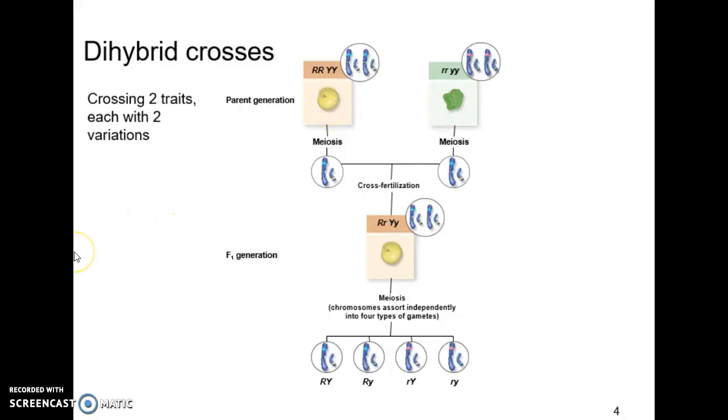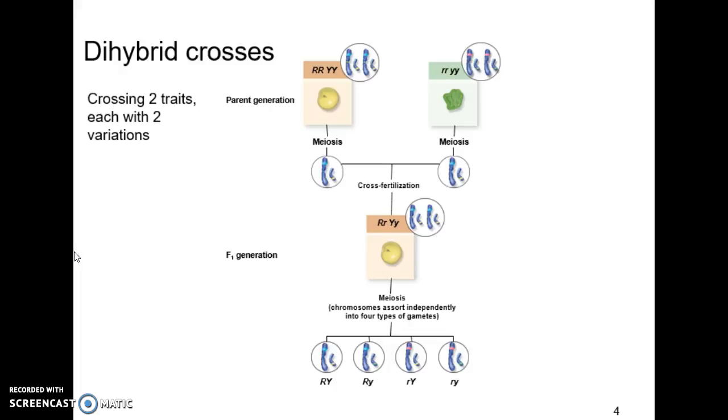So when you're working with a dihybrid, keep in mind it increases the number of possibilities because of how the genes can mix and assort and combine as they get placed into the sperm or the eggs of the parents. So like I said, it will increase the number of different possible combinations for the offspring.